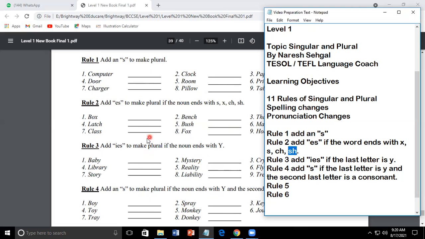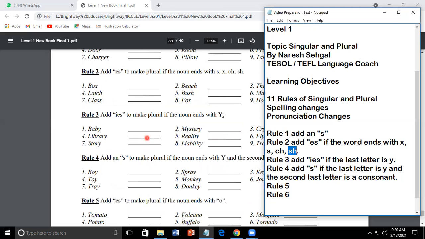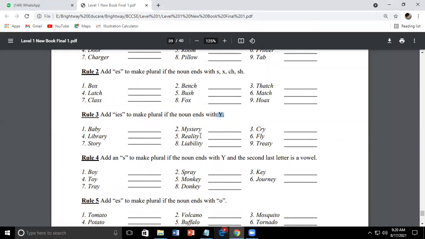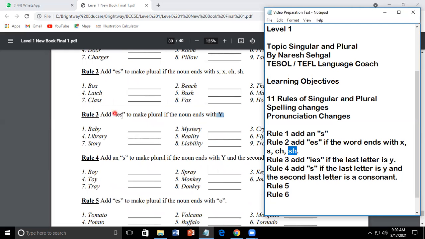In rule number 3, we learned that if the last letter is a Y, in that case, we have to add IES. And rule number 4, we understood that if the last letter is a Y and the second last letter is a vowel, in that case, you have to just add an S.